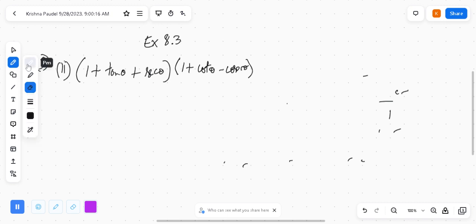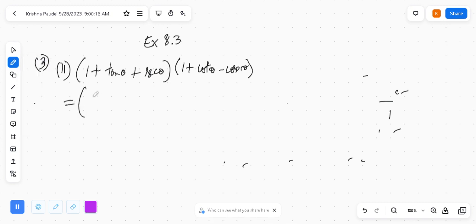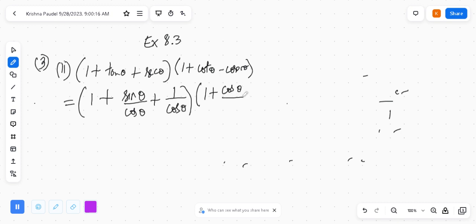So what we have to do here is we'll write 1 as it is. Now this tan we have to write as sine theta by cos theta. That is what the hint tells us. We have to write the sec as 1 by cos. Then only we will reach the answer. 1 plus cot theta we have to write as cos theta by sine theta.